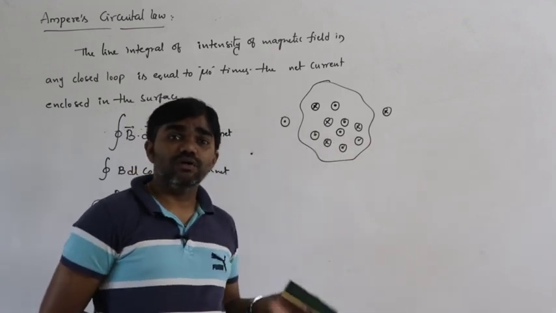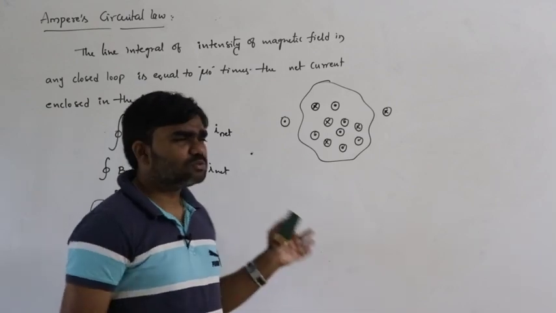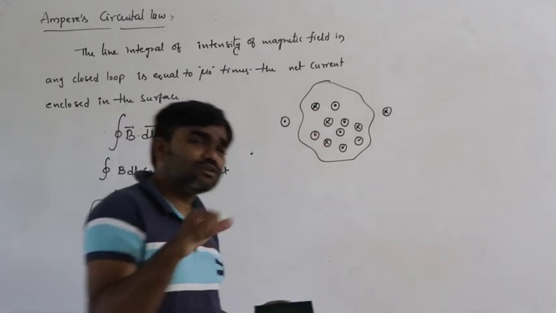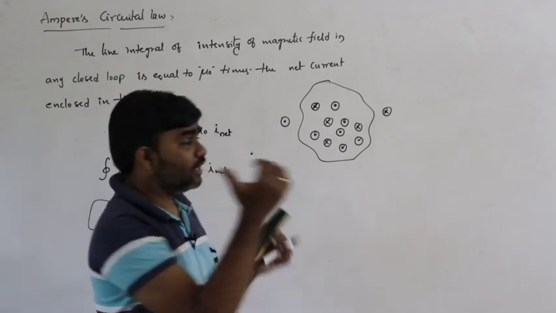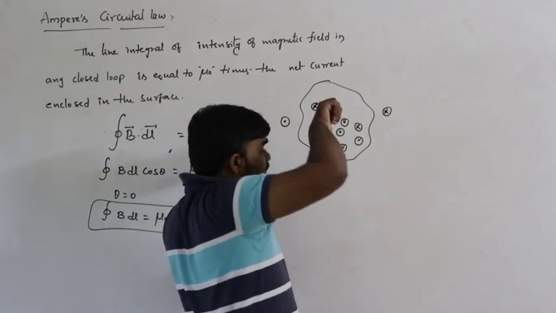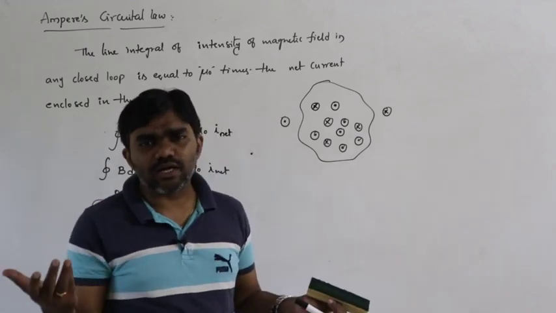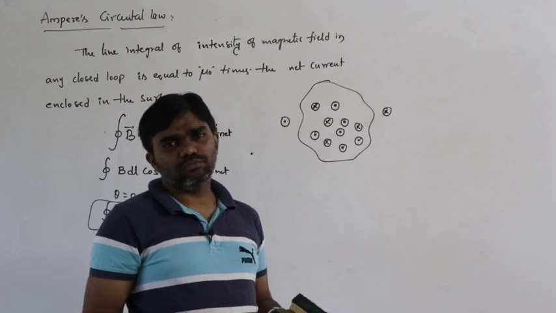Which one is positive and which one is negative? Anyone can be considered positive. Generally outwards is considered as positive z axis, inwards as negative z axis. For our convenience, outward currents are considered positive, inward currents negative.